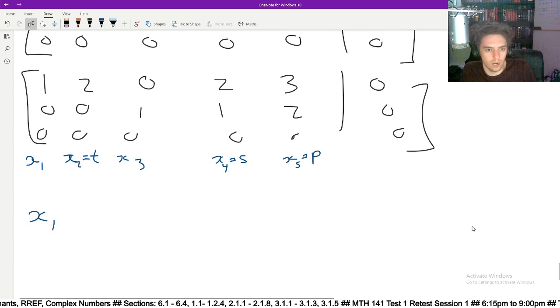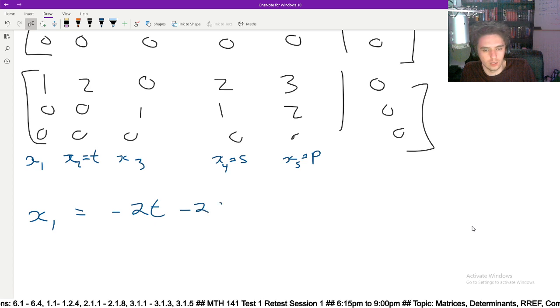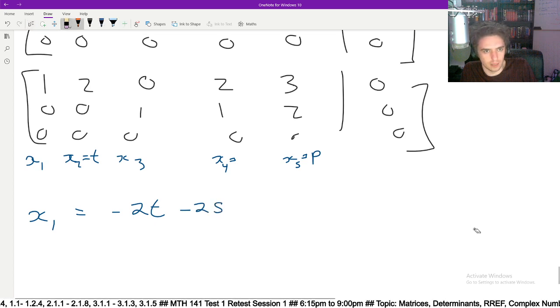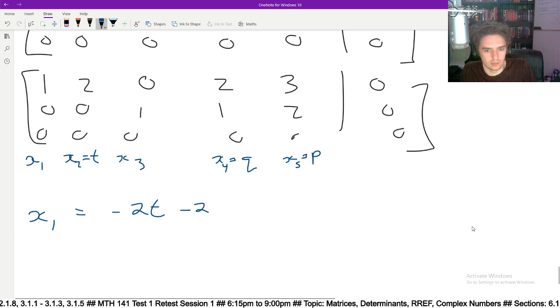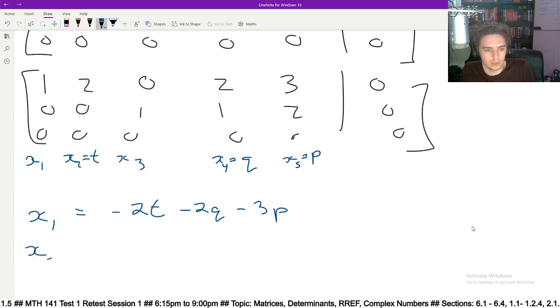So x1 equals minus 2t minus 2s. I shouldn't use s. My s's look like 5s, so it's going to be confusing. I'll just use q. Minus 3p.